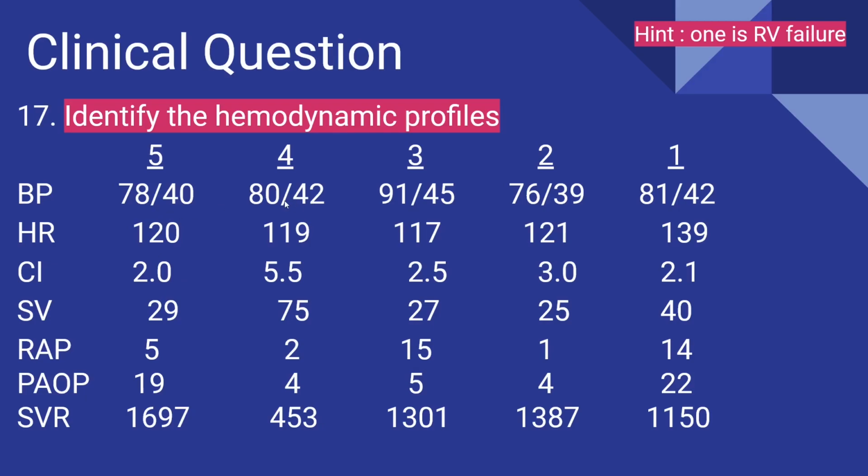Okay, this next one. Same deal. Low blood pressure, high heart rate, trying to compensate. But in this case, we have a high index. Right? With the elevated or somewhat normal stroke volume.